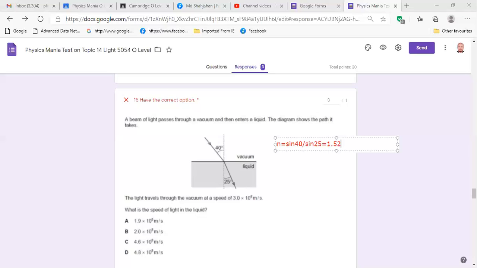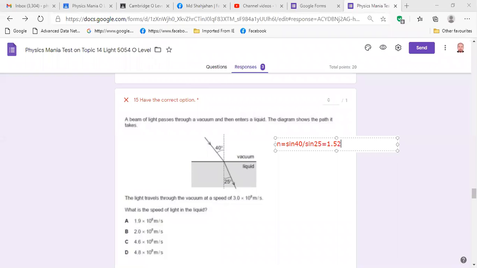And another one, 3 by 2. How much is it coming? 1.5. So which one is closer? 1.5. So which one will you take, A or B? B. Yes. Is it clear now? Yes, sir.